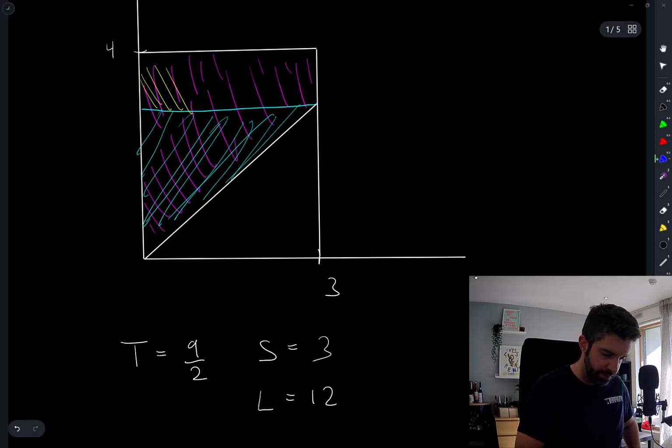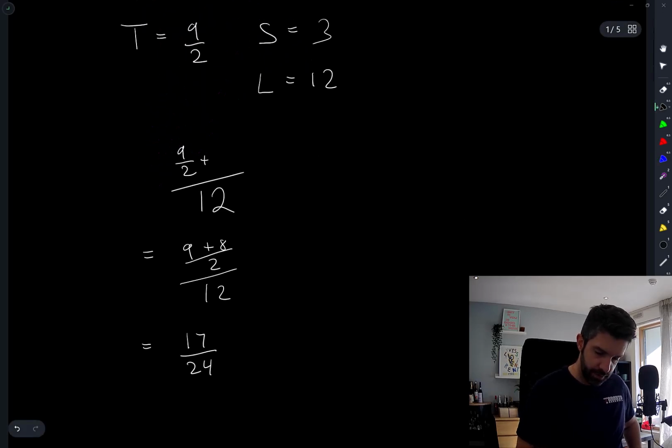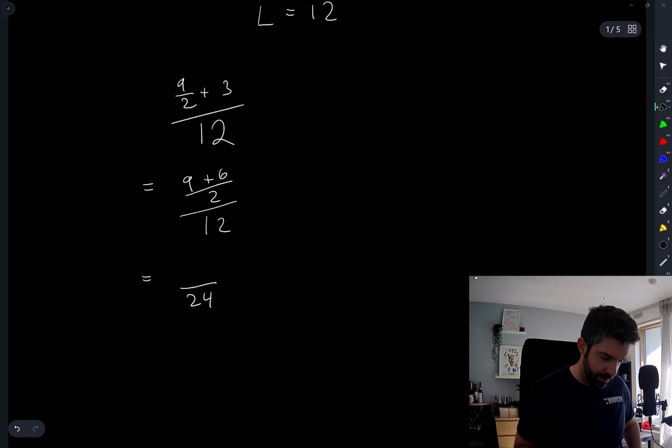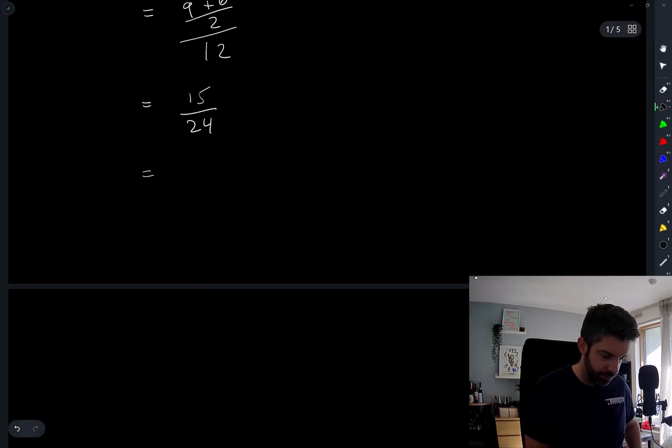This small rectangle has an area of 3, not 4. So that's a 3, that's a 6, 9 plus 6 is 15. Okay, so this gives us 5 over 8, which is option C.